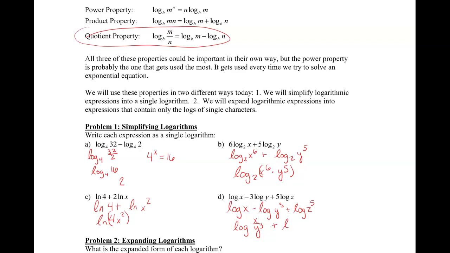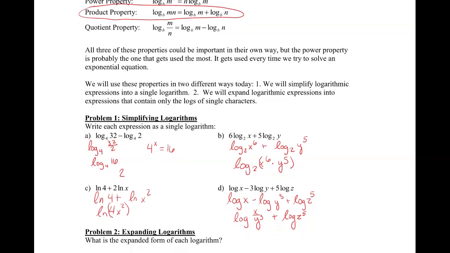And I've still got plus log of z to the fifth. Alright, since I've got that plus, now I should be using that product property, which tells me I should be having log of x divided by y cubed times z to the fifth, otherwise known as log base 10 of x z to the fifth over y cubed.